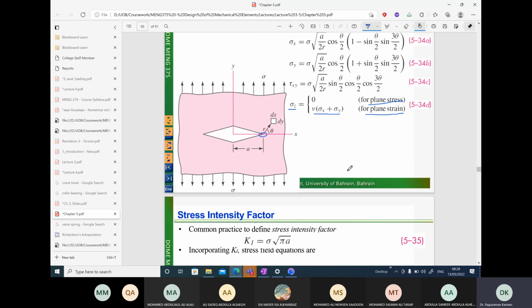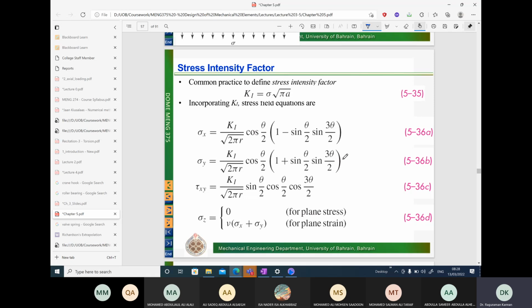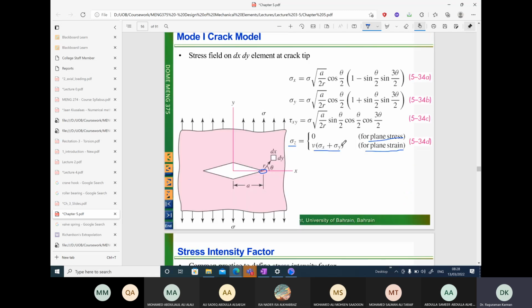Okay, so let's continue. Now finally, we cannot use the formula given here directly. So we have 1 over r here. You can see as we reduce the distance r from the tip of the crack, the stress values increase to very large values.